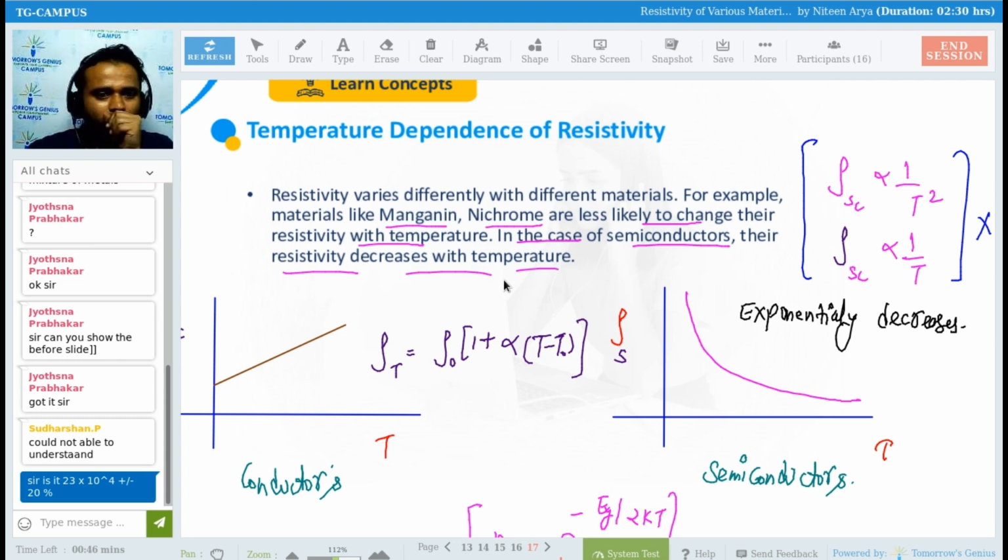Non-ohmic means obviously the materials which do not obey Ohm's law, such as semiconductors, diodes, transistors and so on. Clear? From 2 or 3 different graphs, one of the graphs looks like this, and you need to choose this graph. Clear, everyone? Is this clear with everyone? Good.